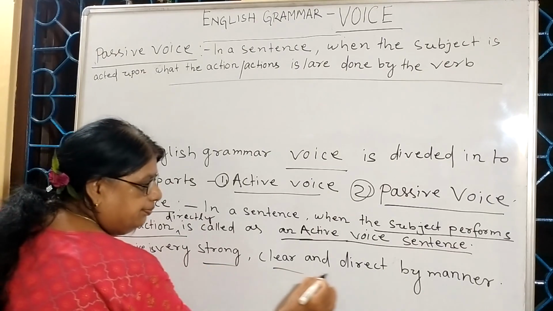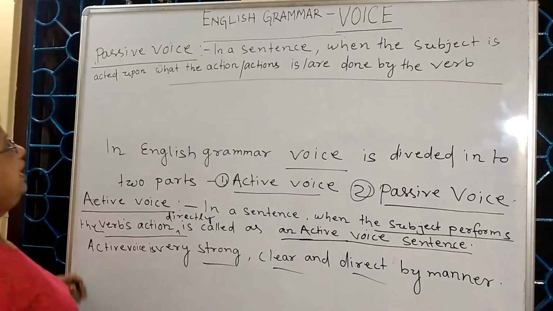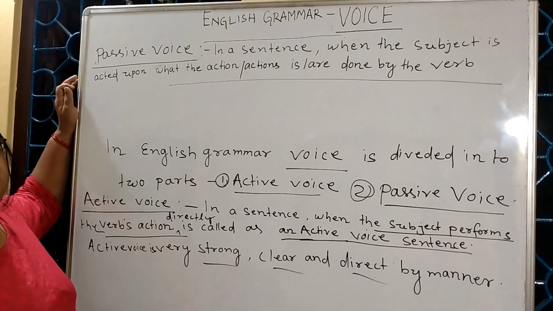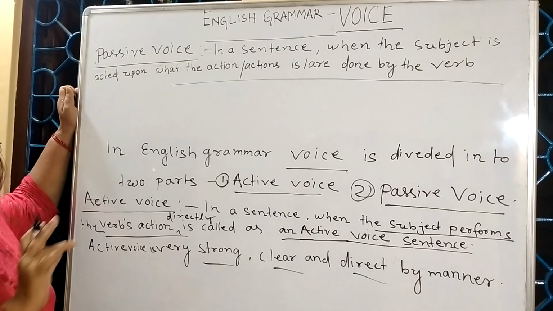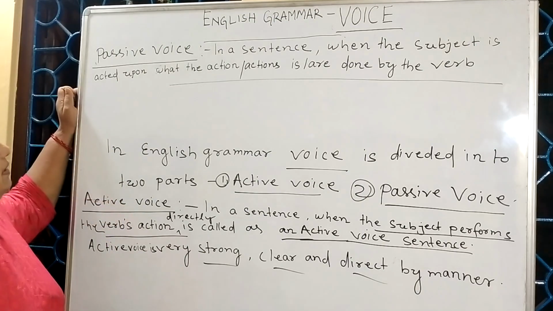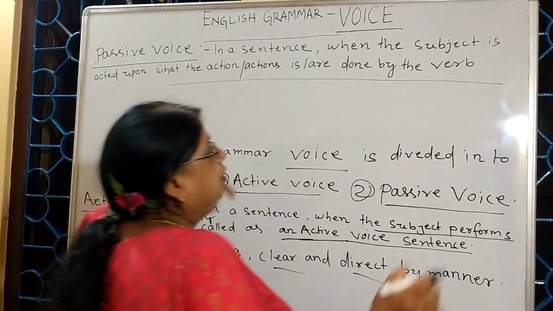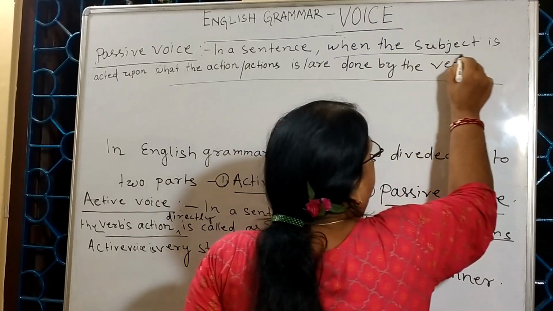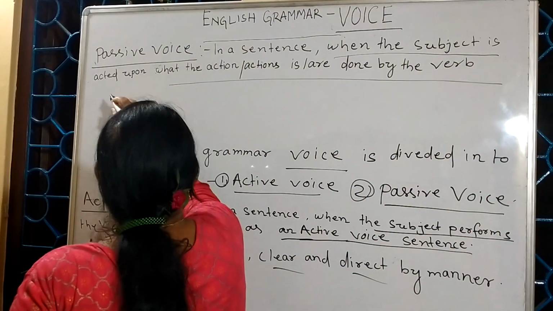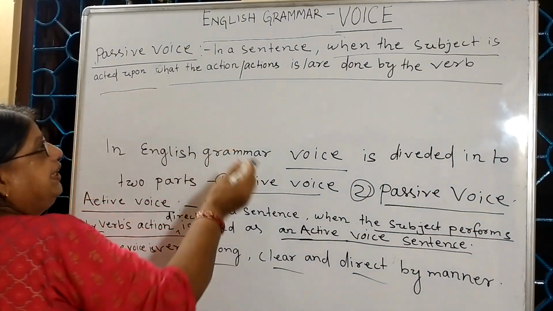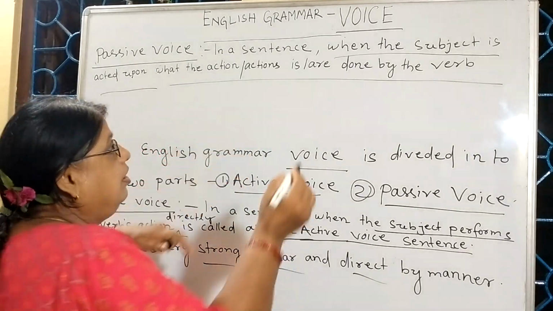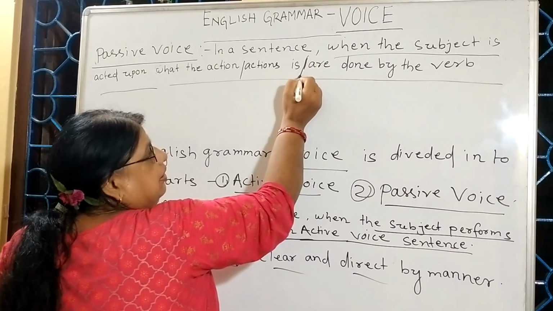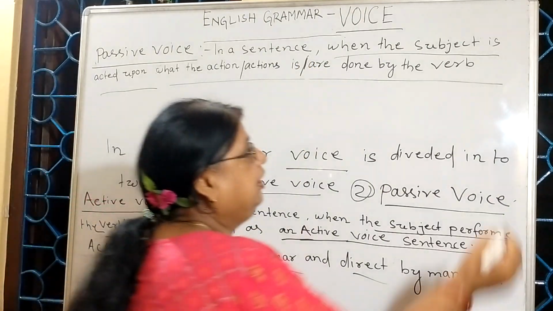So, what is the meaning of a passive voice? In a sentence, when the subject is acted upon, the action or actions is or are done by the verb.